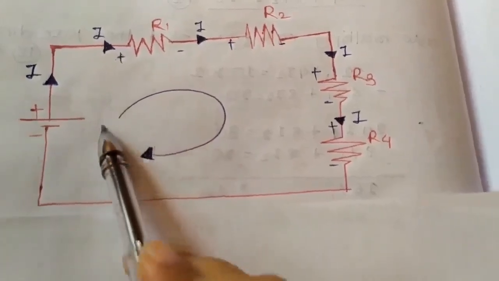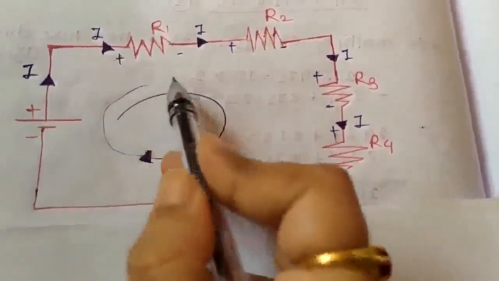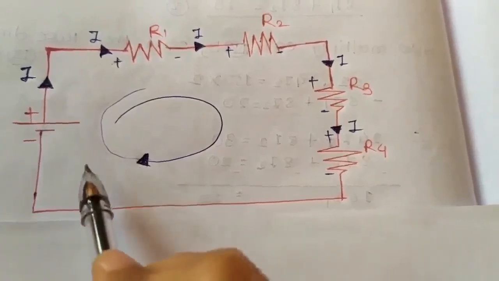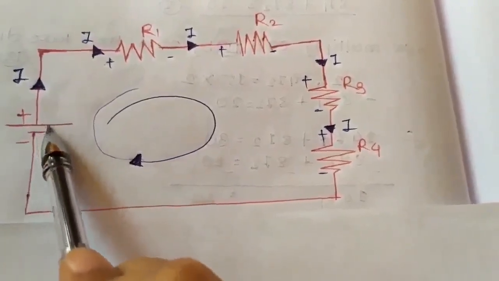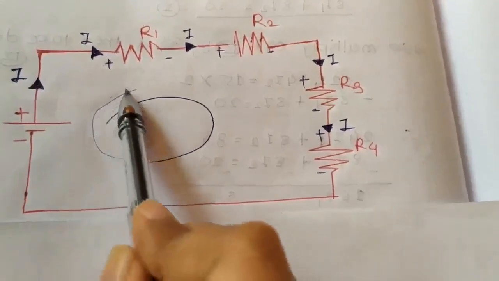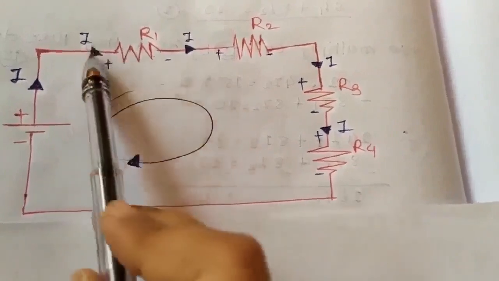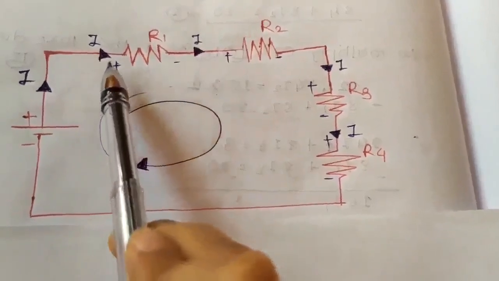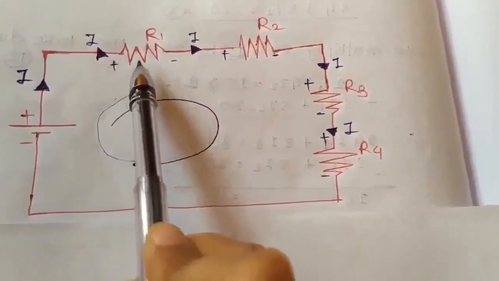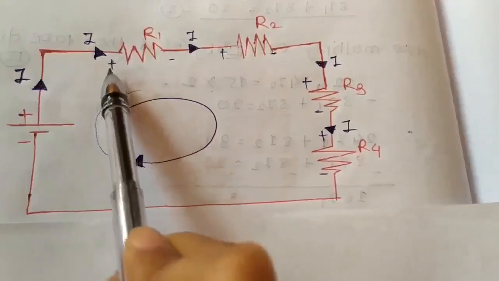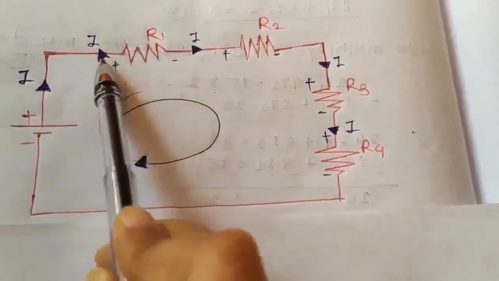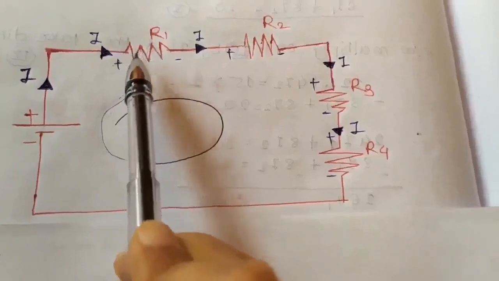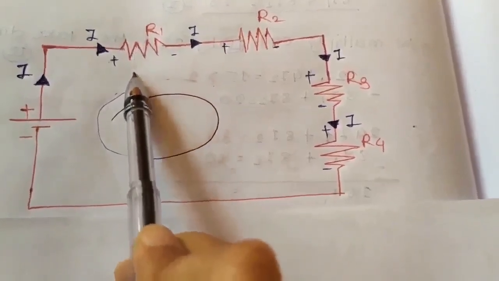The loop direction is clockwise, which means the loop is going from minus to plus, so plus V. When the loop direction is the same as the current direction, current is flowing this side and the loop is also this side, then take a negative sign, R into I, because when current flows through the resistances, potential drop occurs.